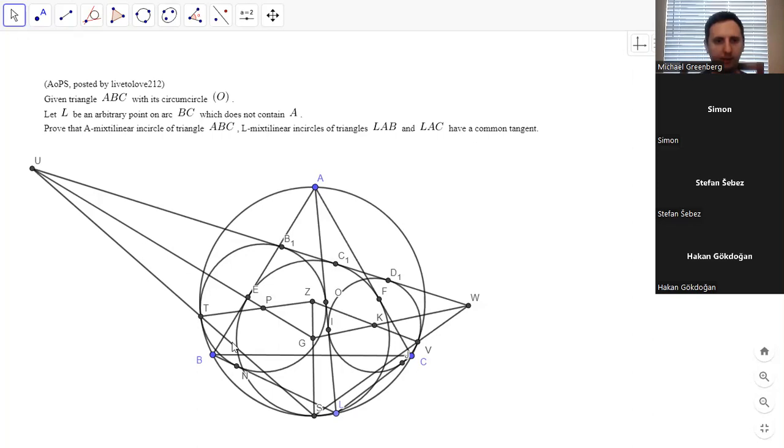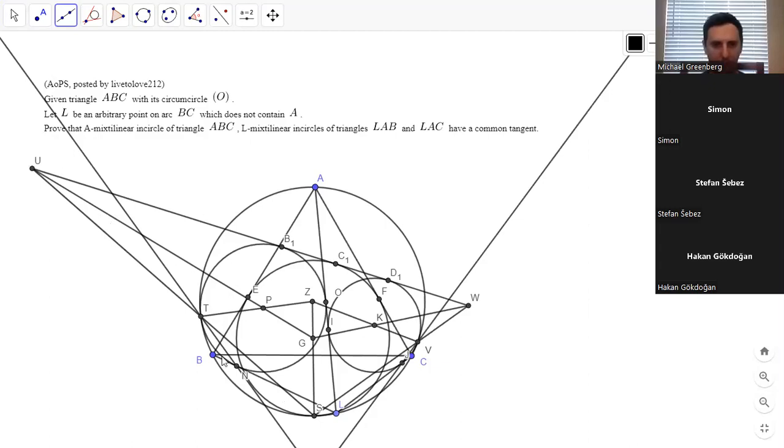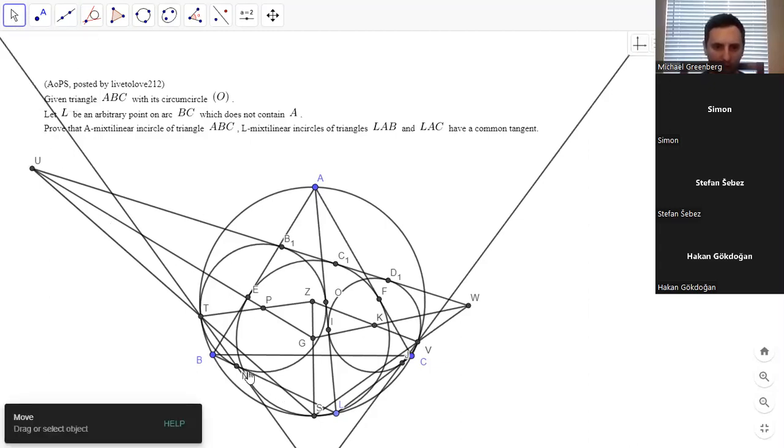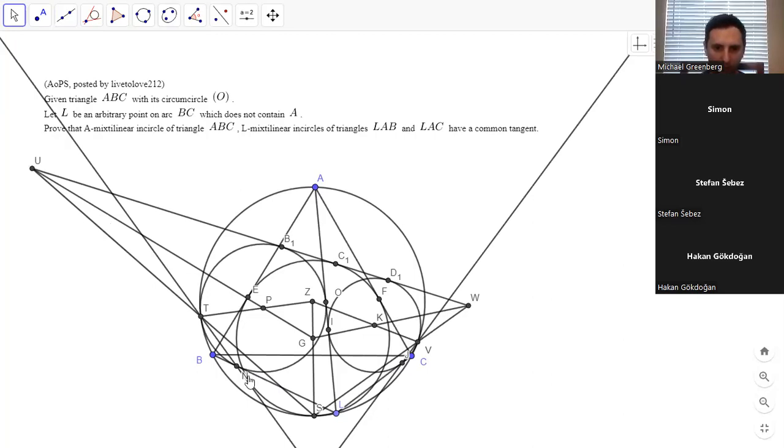So I think TN actually passes through the midpoint of arc BL. I think that was in my video on mixtilinear incircles. And VJ should pass through the midpoint of this arc. Yeah, TO. Let's see.